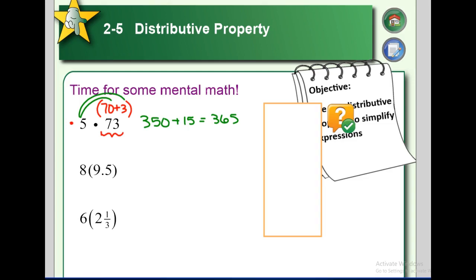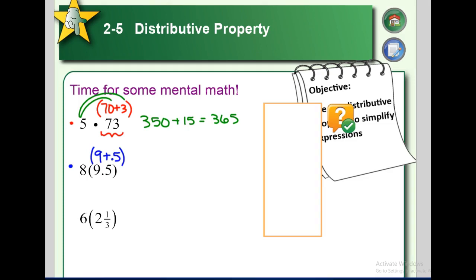Let's look at my second problem here. If I wanted you to multiply 8 times 9.5, I'm going to say, Mrs. Byrne, you want me to mentally multiply decimals in my head? Well, yeah, I do. But let's break it up into 2 smaller parts that would be easier to do. So let's make this 9 plus 0.5.